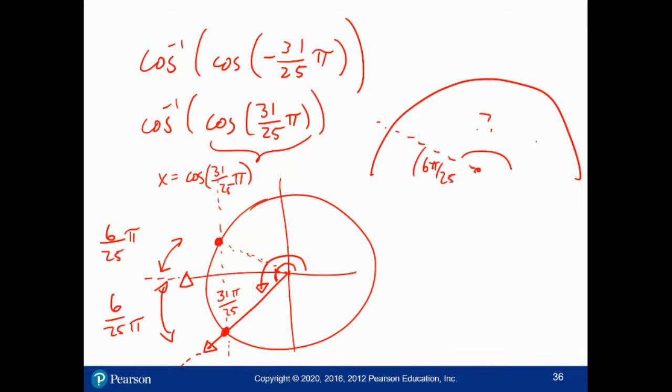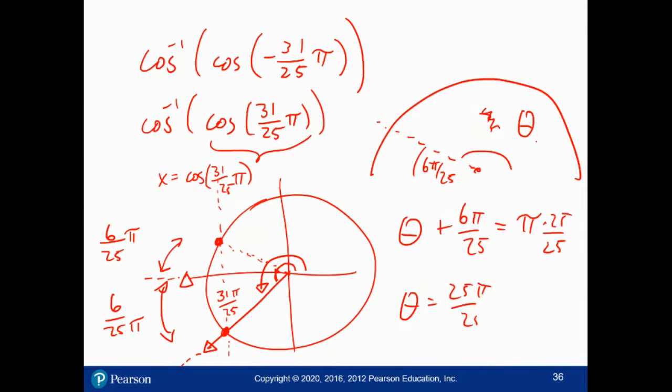Well, if I call this angle theta, if I add theta to 6 pi over 25, I've gone all the way to the negative x-axis, and that's exactly pi. So I'm going to call this, again, 25 pi over 25 to give it a common denominator, and then subtract 6 pi over 25. So theta is 19 pi over 25. So this angle here is 19 pi over 25.